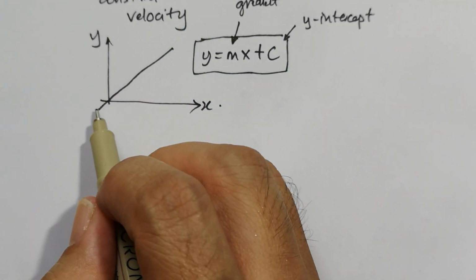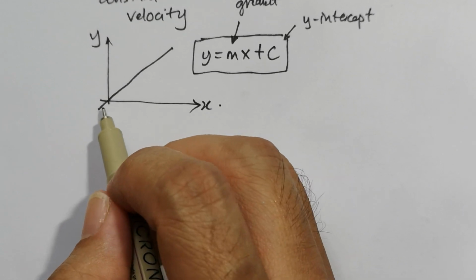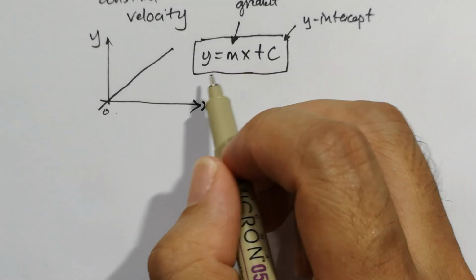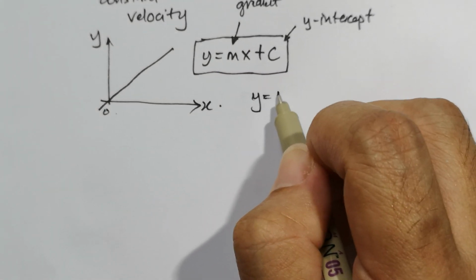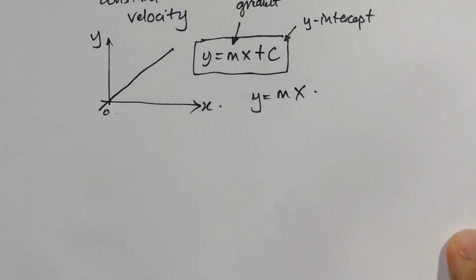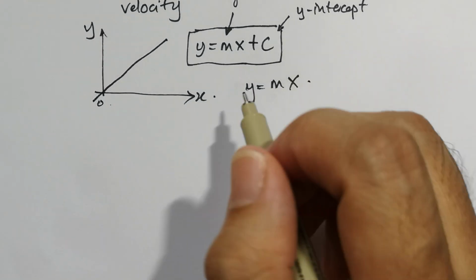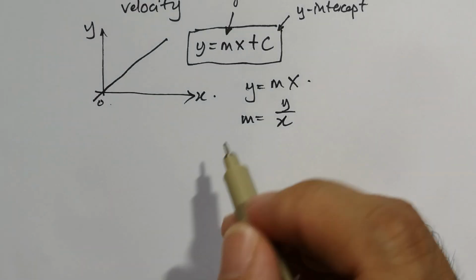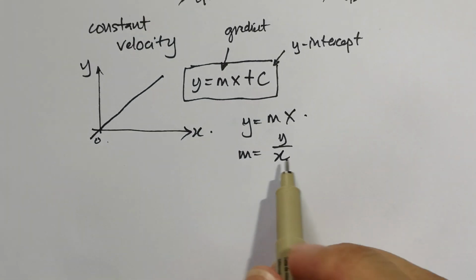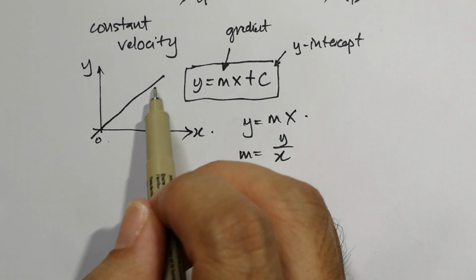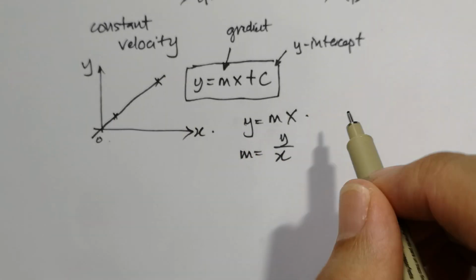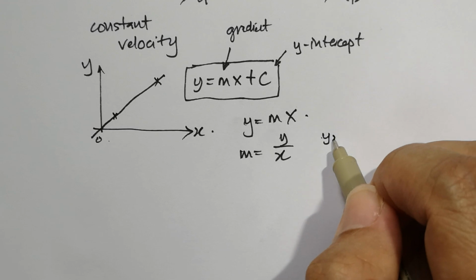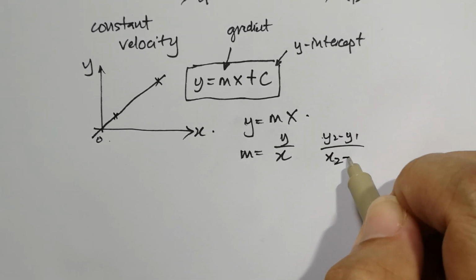In this case, your y-intercept is 0. So essentially this gives you y equals mx plus 0, which means that your m is y over x. So y over x is the gradient, or some of you prefer y2 minus y1 over x2 minus x1.